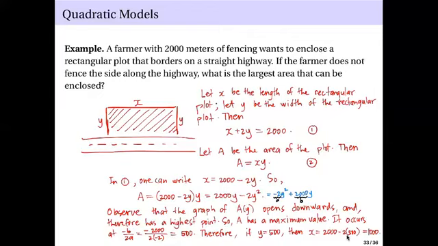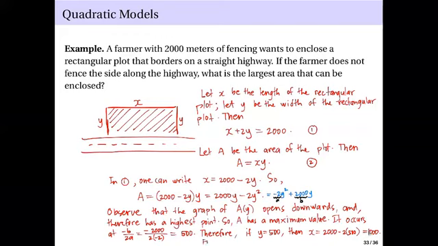So 2000 minus 1000, that's 1000. So you have your y 500, you have your x 1000. The maximum area will be 500 times 1000.